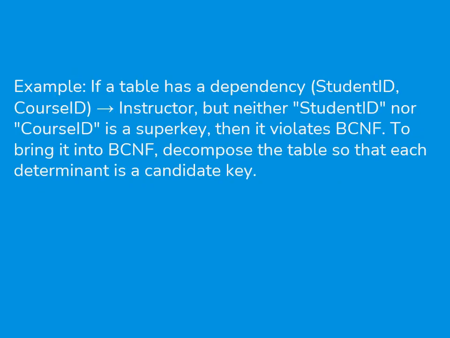For example, if a table has a dependency student ID, course ID to instructor, but neither student ID nor course ID is a super key, then it violates BCNF. To bring it into BCNF, decompose the table so that each determinant is a candidate key.